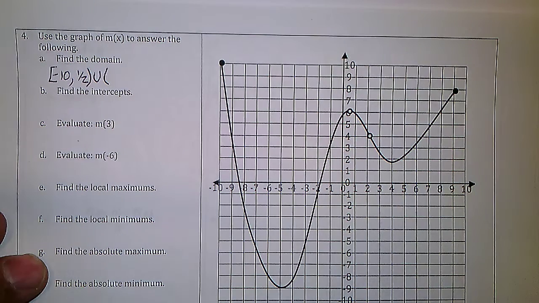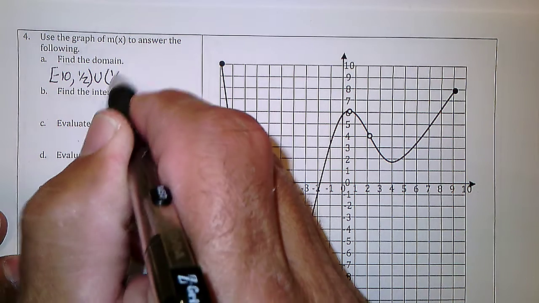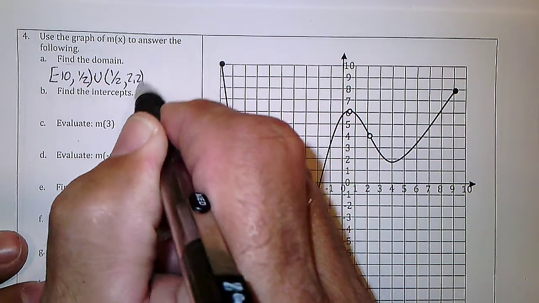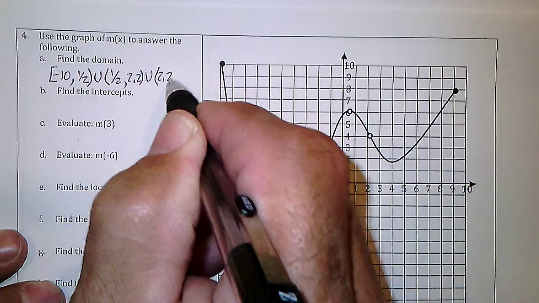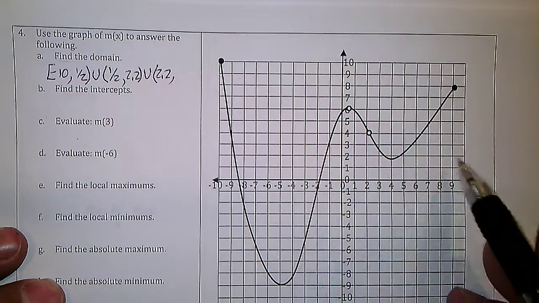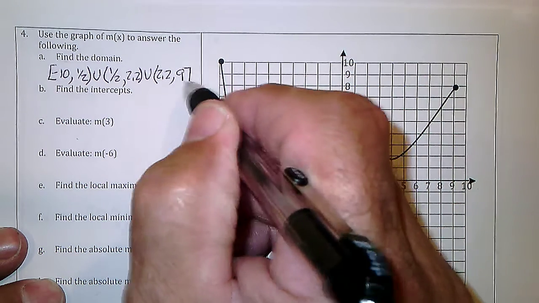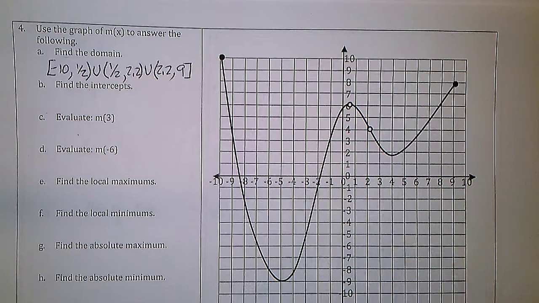That'll be my estimate. If you do anything close to the correct value there, I'd be happy with that. Half up to 2.2, not including that place, union from 2.2 up till 9, including the 9. So you got to watch out for those holes.